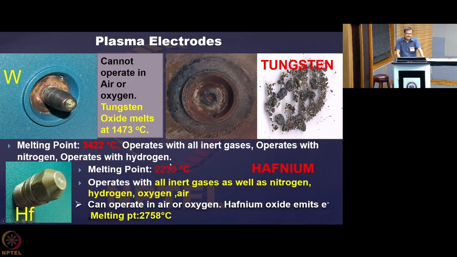So there is a rise in melting point by around 500 degrees centigrade. Unlike tungsten, where you got a reduction by 2000 degrees centigrade, here you are seeing an increase in melting point by some 500 degrees centigrade.